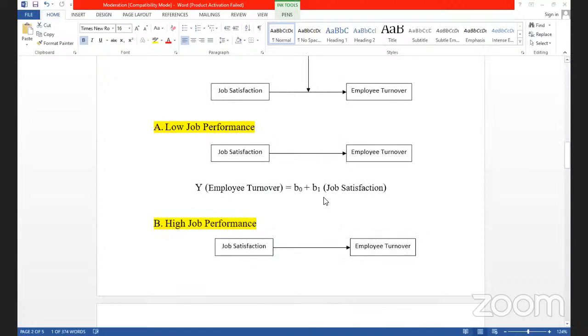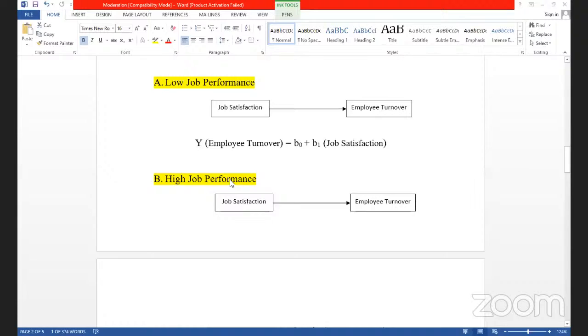Now we want to check whether job satisfaction is high with low performers or not. Whether low job performers are satisfied or not. And in the other condition, whether high job performers are satisfied in the organization or not.